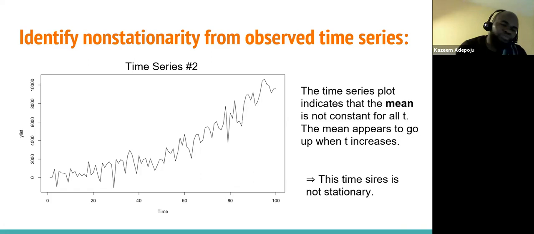And let me tell you something. As time goes on, for those of you who will go further and take an upper-level course in statistics, you're going to hear about what we call a change point.